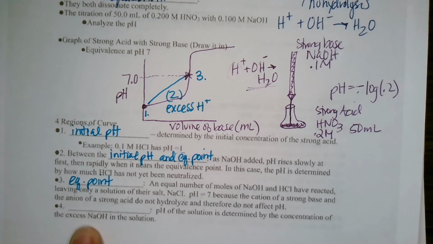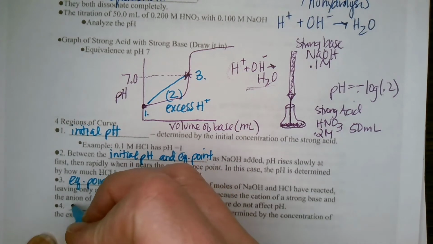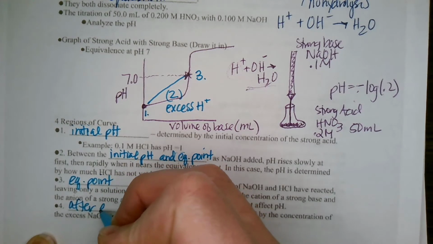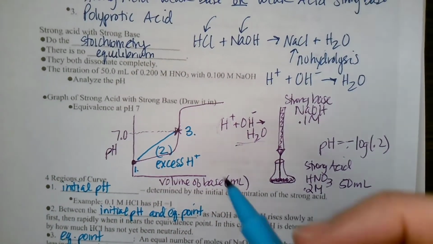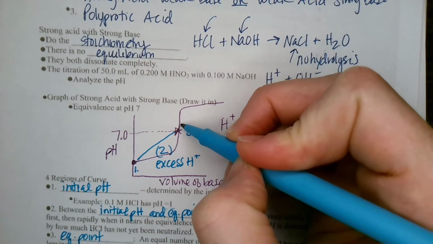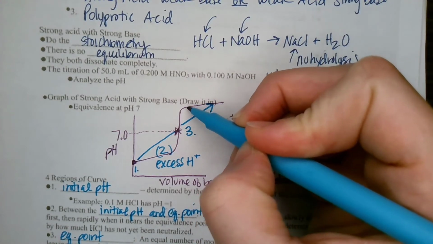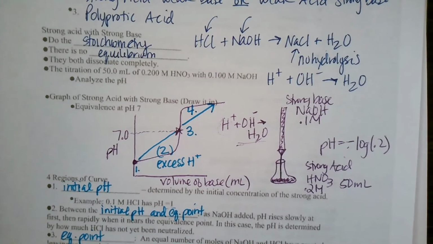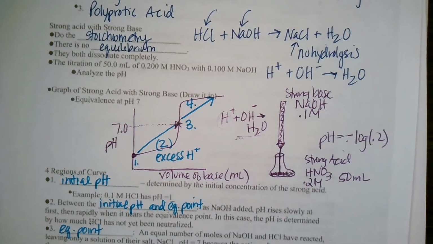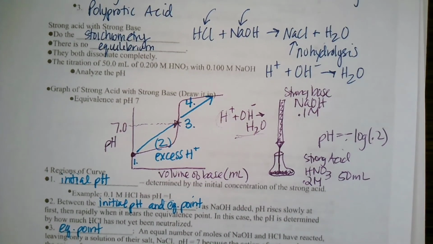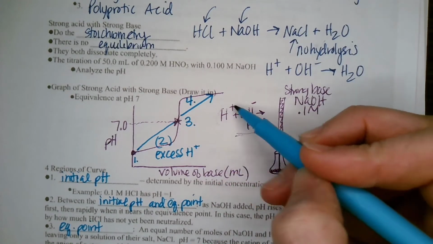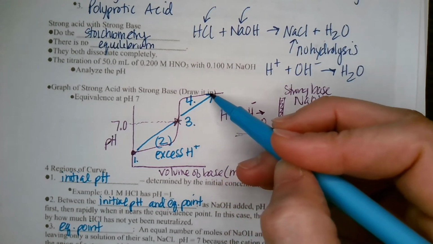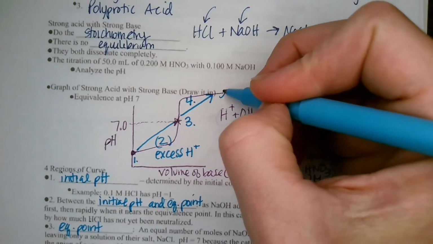And point number 4 is after the equivalence point, from here on. That's when the pH of the solution is determined by the concentration of the excess NaOH, because at this point, we have used up all of our acid, and now we have excess base.